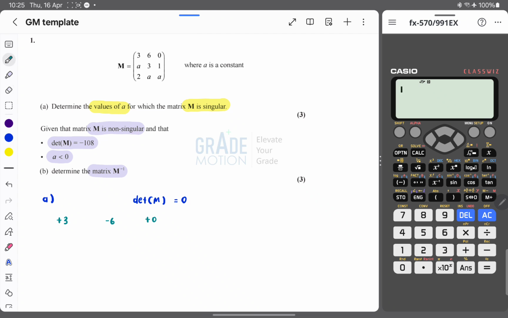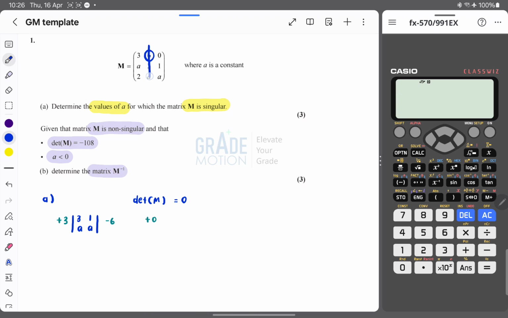Now let's start with 3. So this is our 3. We will close its column and we will close its row. So what's left is this 2 by 2 matrix. That is what we have to find the determinant for: 3, 1, A. We'll do the same thing for 6. So here is our negative 6.